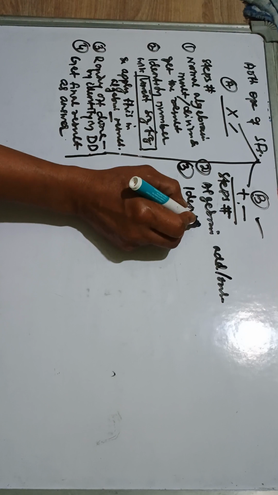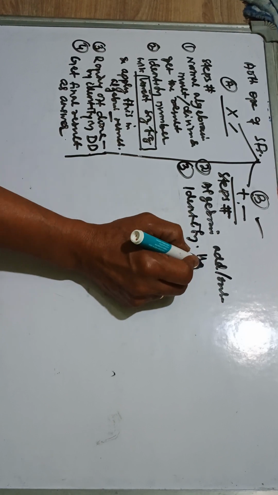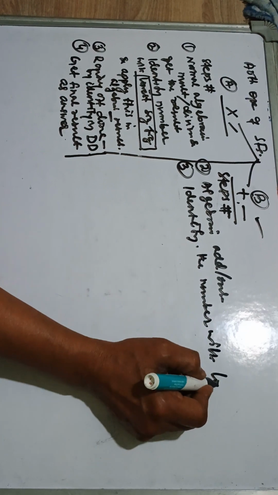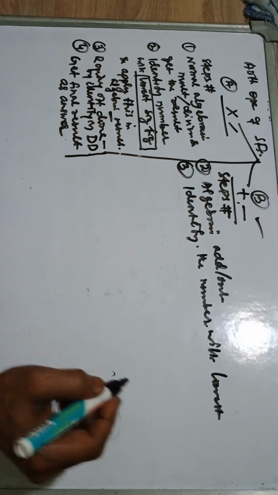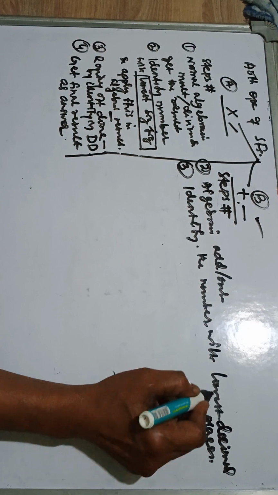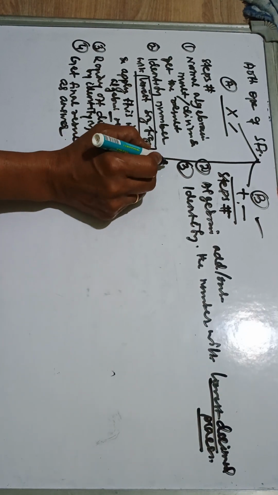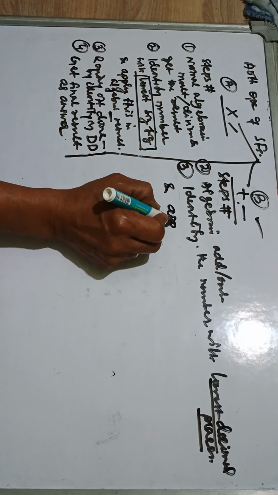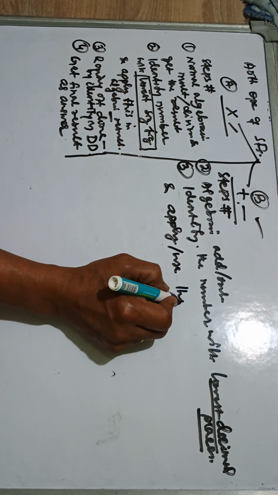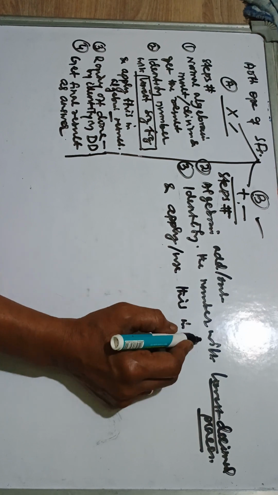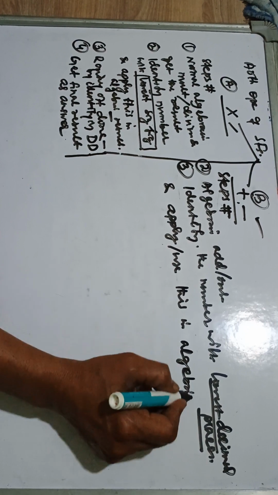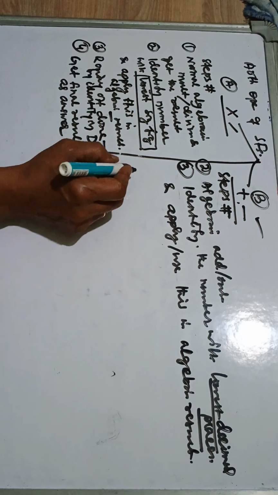Identify the number with the lowest decimal places, and apply the same in the above algebraic result.